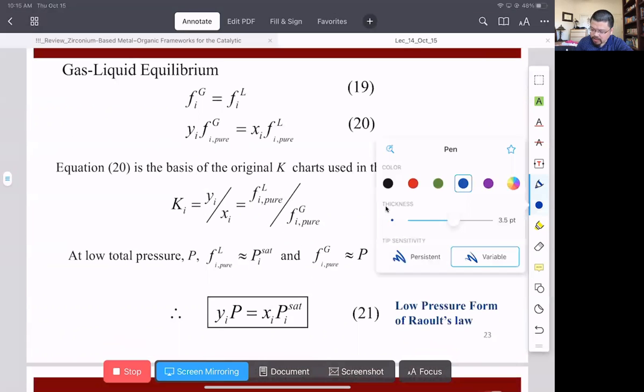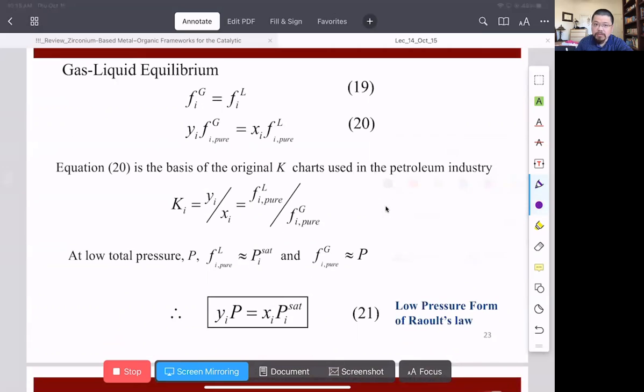And here comes the other discussion I want to have. If you look at those, the fugacity of the gas, we can somehow correlate to the partial pressure. But what is the pressure of the liquid?